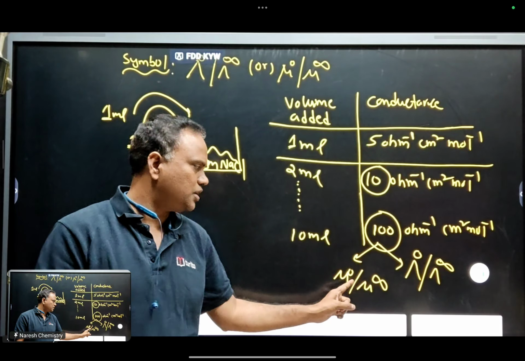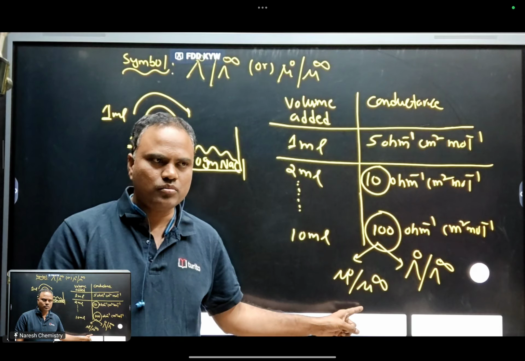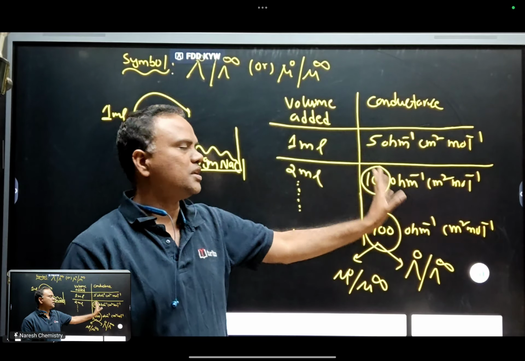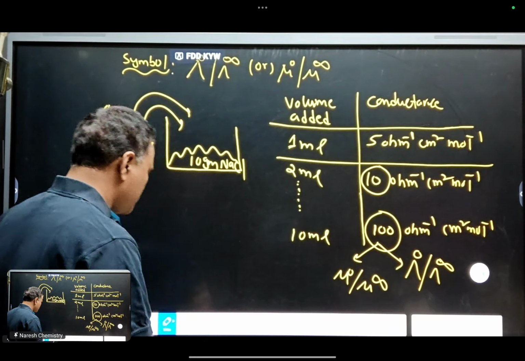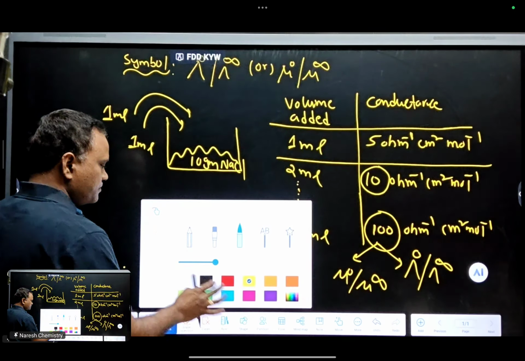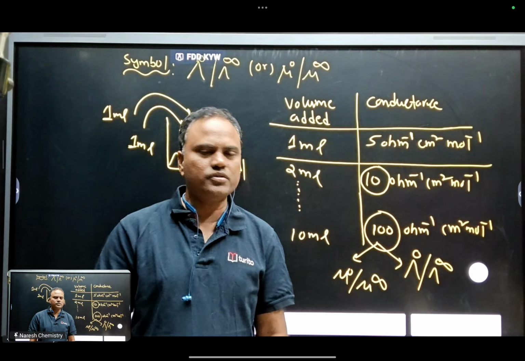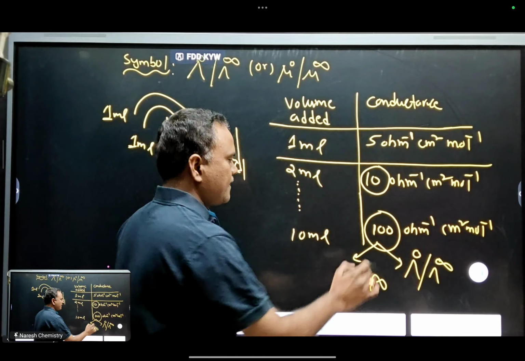So for 100, the symbol is mu 0, mu infinity, lambda 0, lambda infinity. What about the symbol for the value 10? It is also conductance. Which symbol do we give?